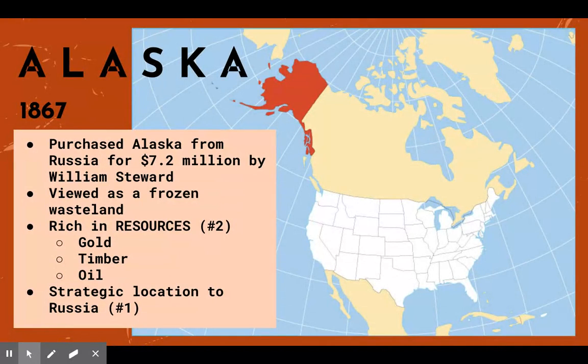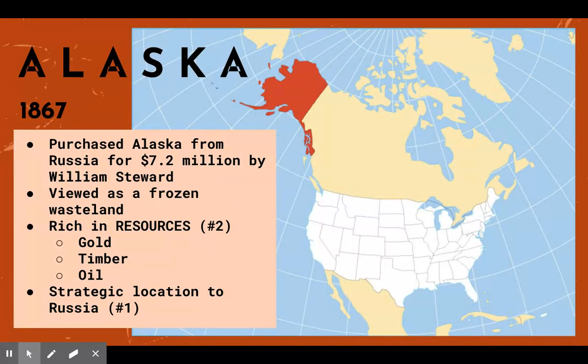So when you look at Alaska in this map, I hope you're asking, why the heck did we get this? How did we get this land? Whoa, Alaska's huge. I had no idea Alaska was that far up. Well, if we zoom back to 1867, during Reconstruction, we get our first little taste of imperialism.